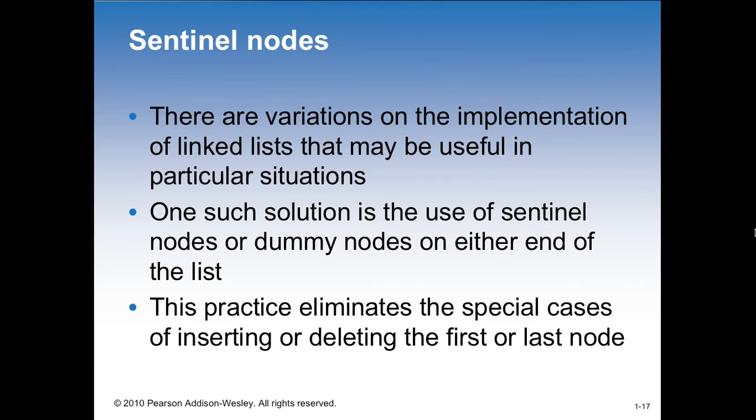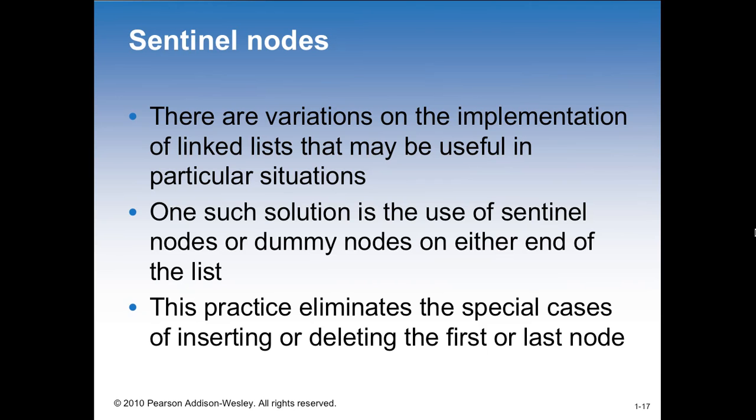Sentinel nodes are variations on the implementation of the linked list, and might be useful for different particular situations, as I mentioned already. One such is the use of a sentinel node or dummy nodes on either end of the list. So you can pack it with dummy nodes to stack the list, make room for new elements in the list, or to show elements that might be missing in the list. So you can use it abstractly as placeholders, or as front, end, tail, dual, a lot of different terminologies for it.